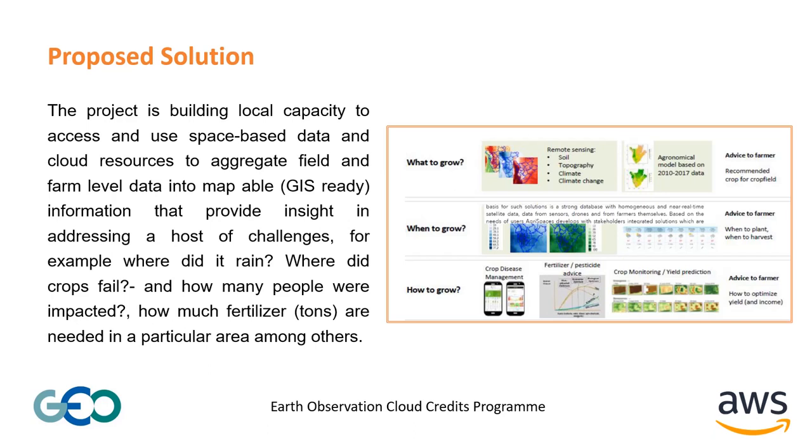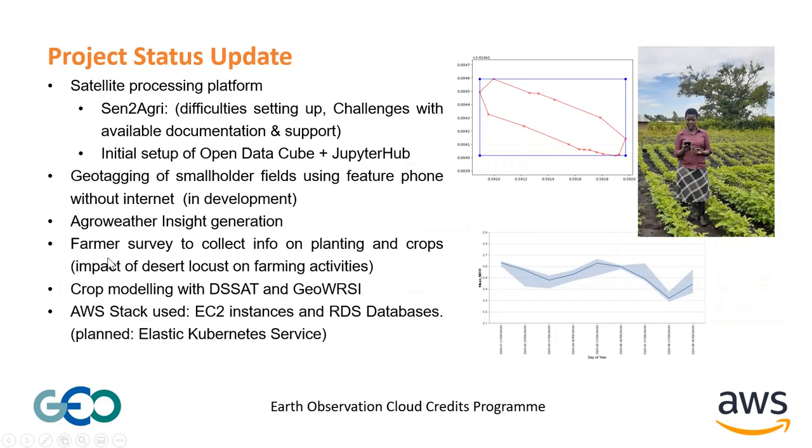So we are hoping through this project to provide a decision support system for different stakeholders, where they are able to answer questions relating to observed information or monitoring activities. Where did it rain? How much? Or which sections of the country need interventions, for example?